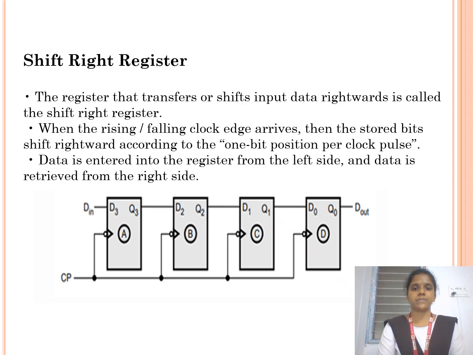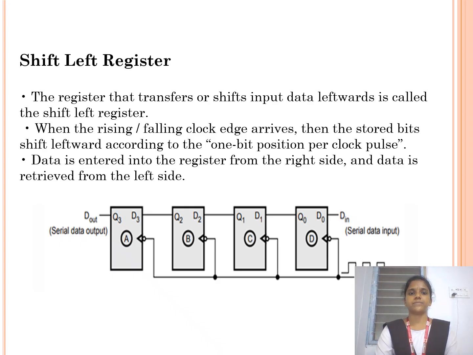This is the logic diagram representation of the shift register, and the clock pulse is commonly given to every flip-flop. Here, D in is the left side of the register. Here data is entered, and through this it is transferred to the other flip-flops. Finally, we get D out, where the data is retrieved.